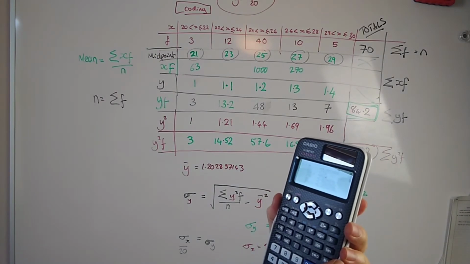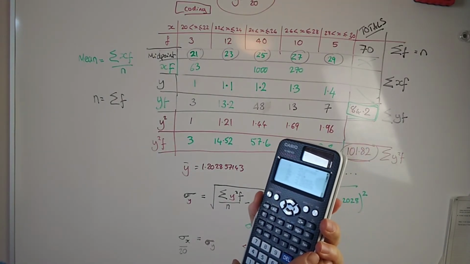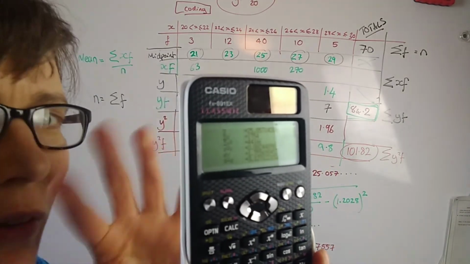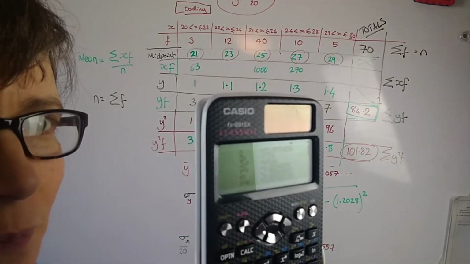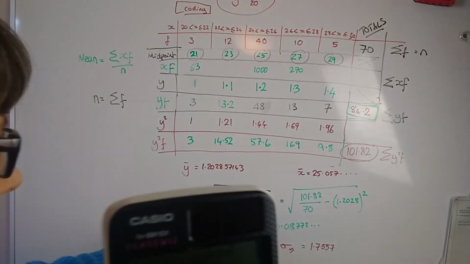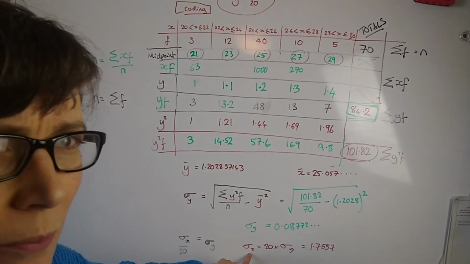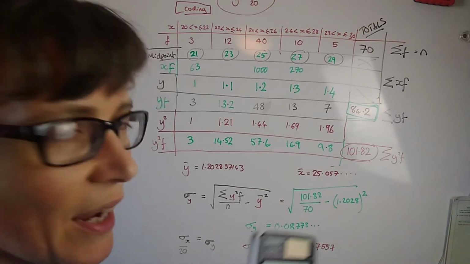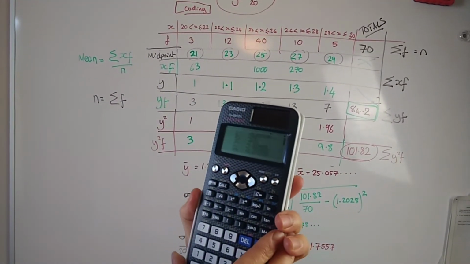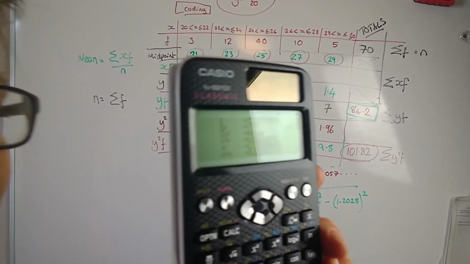Then we've got sigma squared. Now, that says sigma squared x. Don't worry about that. The x is just telling you that's the variable. It's like my little x at the bottom here, sub x. So that is sigma squared, which is the variance. And then we've got sigma x on the second to last row.